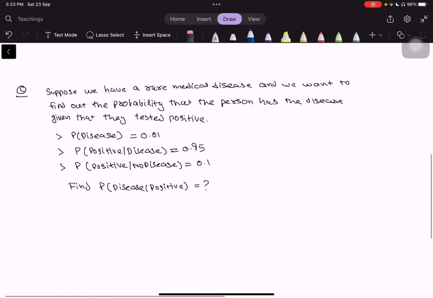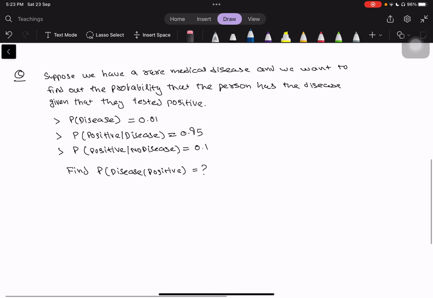Now I have a question for you. So let's go through it. So it says that we have a rare medical disease and we want to find out the probability that the person has the disease given that they tested positive. Now there are cases of false positives also, like the person does not have the disease, but they get tested positive.